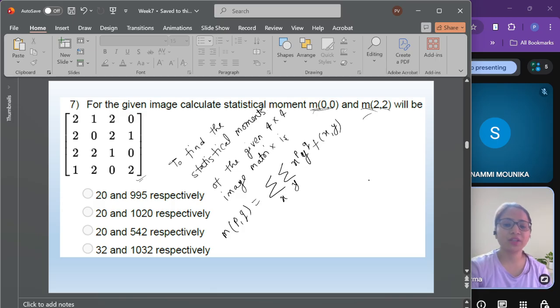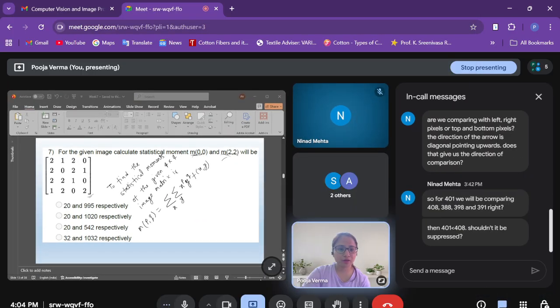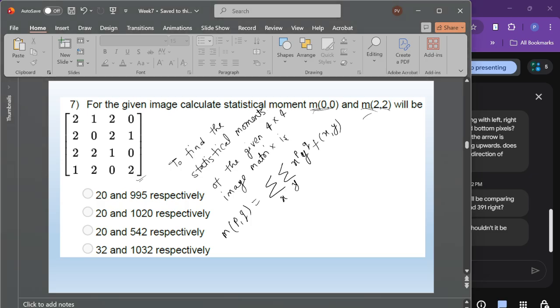So from this equation we will calculate the statistical moment 00 and 22. Okay, and here x and y are the coordinates, that is row and column indices. Okay, so f of xy are the pixel intensity at those coordinates.